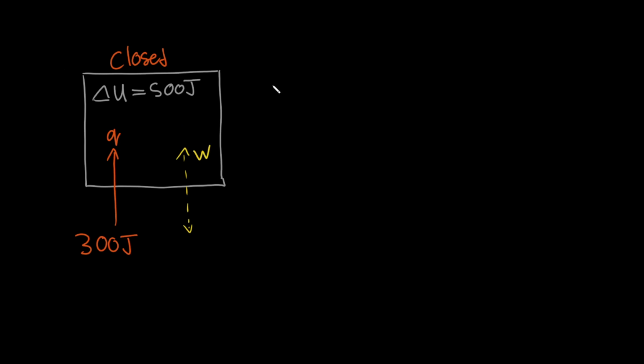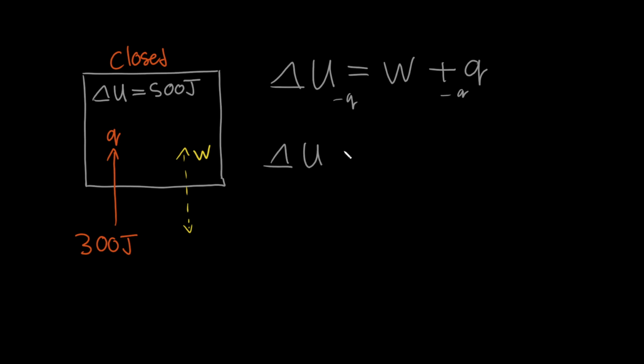To solve this, we'll use our equation. Delta U is equal to work plus heat. Then we're solving for work here, so we just subtract heat from both sides, and we get delta U minus Q is equal to work.